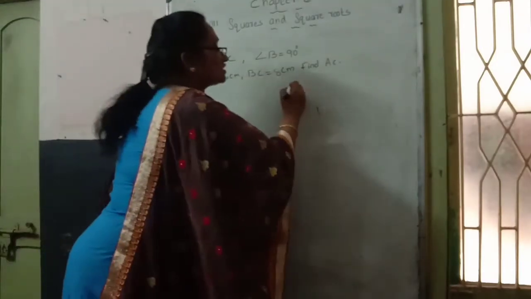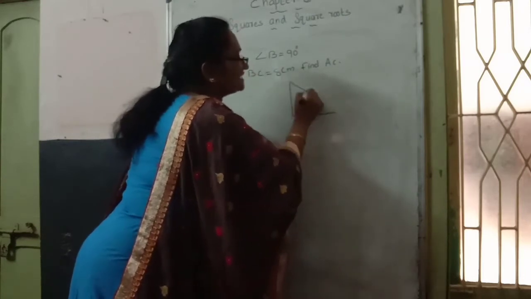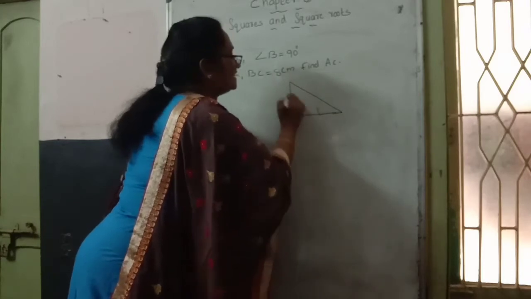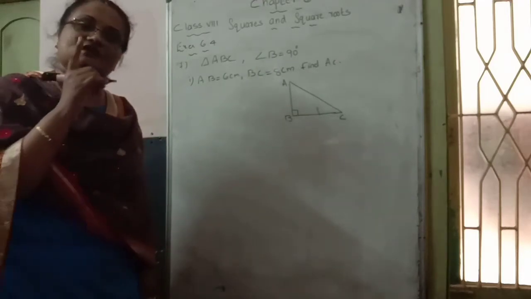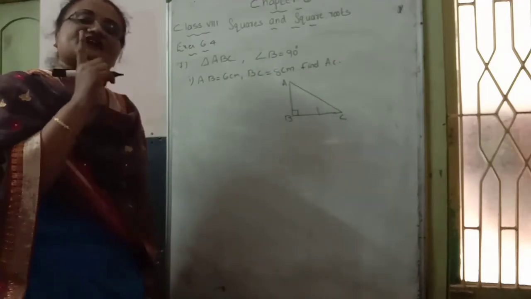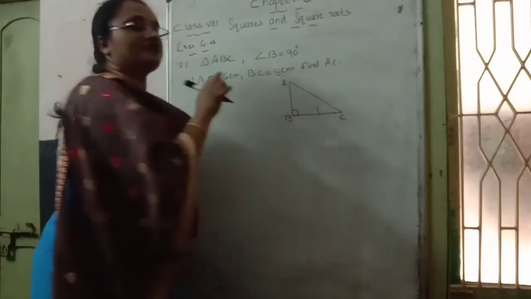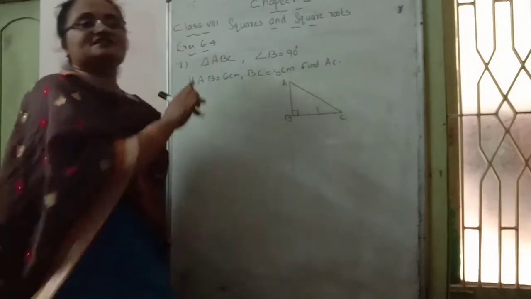They gave a right angle triangle, so we draw a right angle triangle. Mark B as 90 degrees, and mark A and C on the other sides.